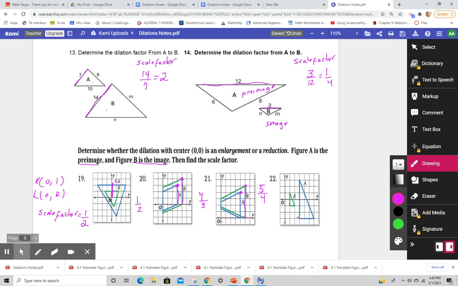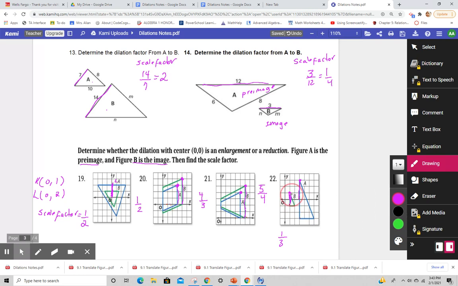Okay, we can do the same thing here. How far is this point here away from the x-axis? It's 1 unit away. How far is this point away from the x-axis? 1, 2, 3. It's 3 units away. And there's your scale factor. You could do that. Or you could just take the corresponding sides.